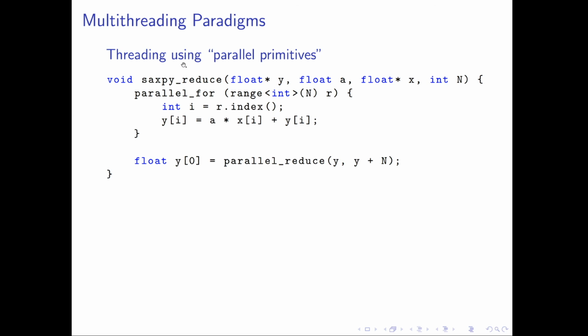So I actually modified the example here. This is not the Zaxby example anymore, but the Zaxby and reduce example. What happens here is the actual Zaxby loop, and just to indicate that there are more parallel primitives than only parallel for, I'm in the end also reducing the result from Zaxby.